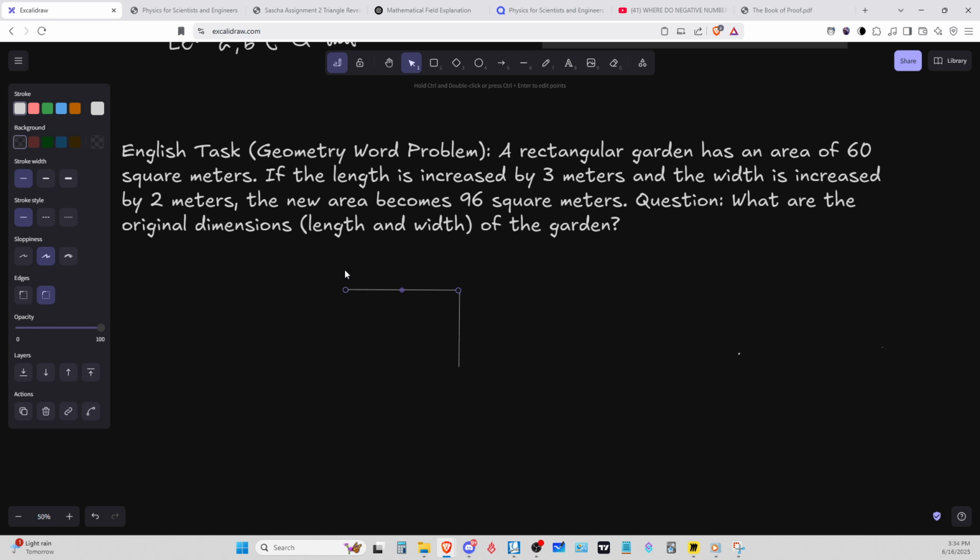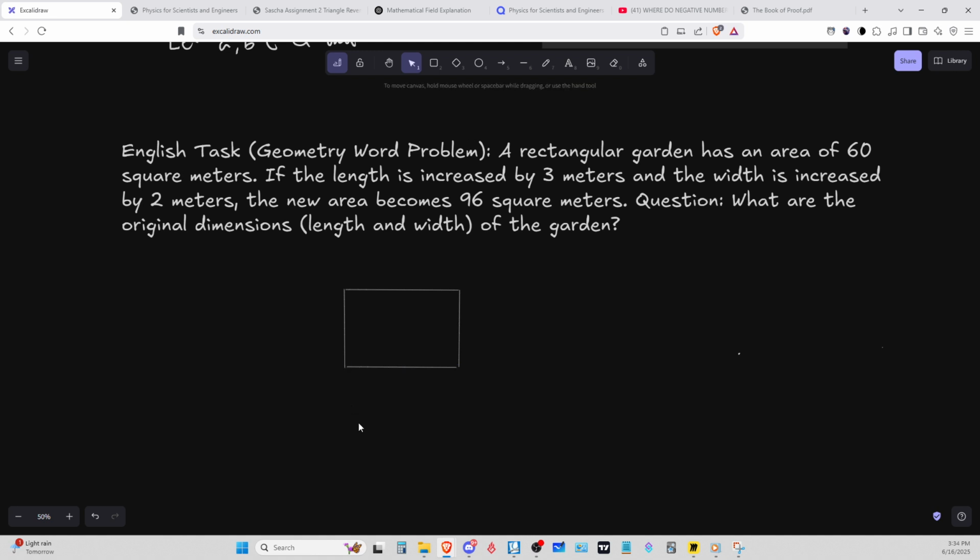Draw a rectangle. Make it look real nice, and it should be nice because we're using a straight line. There we go. So you have to do a sketch. It's much easier to do a sketch because it allows you to see it clearly.